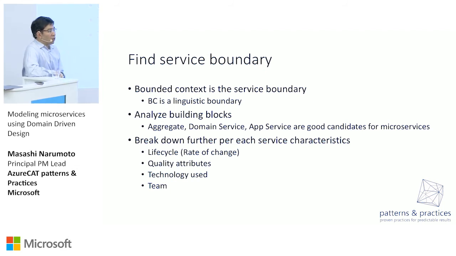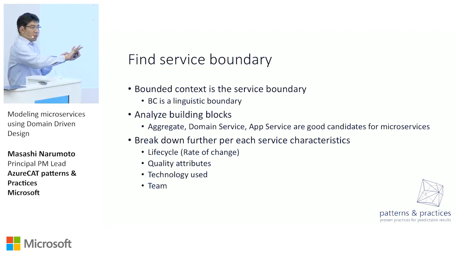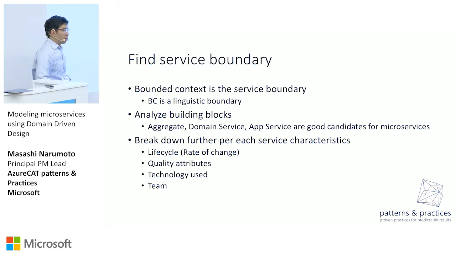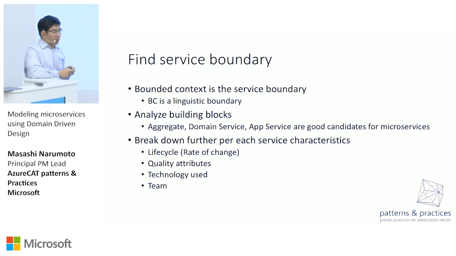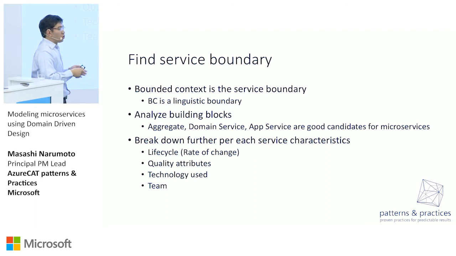Any technologies, if you want to use different ones for any reason, like a team skill set or whatever, you can split them into separate services and use different technologies. And team structures. If one service requires too many members, like 15 guys, it is a good hint that you can break it down into smaller chunks so that you can follow the two pizza principle.